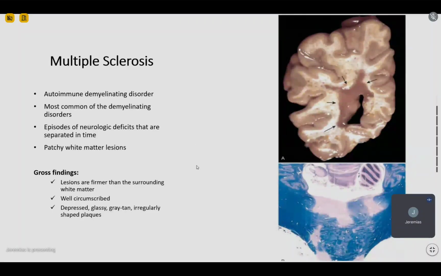And then in B, it is stained blue, a Luxol fast blue periodic acid Schiff stain, in order to appreciate the myelin. So the normal myelin is colored blue. However, there are parts where the blue color is lost. So it means there's loss of myelin.